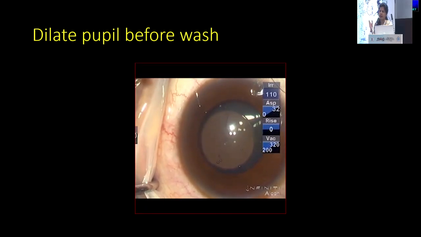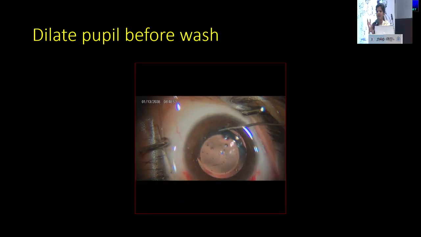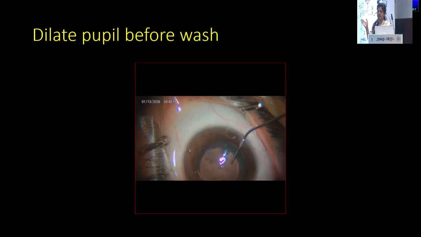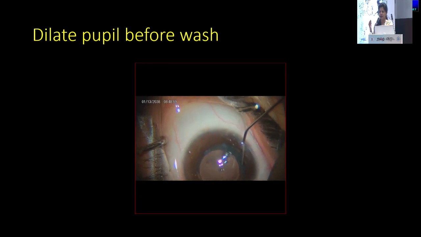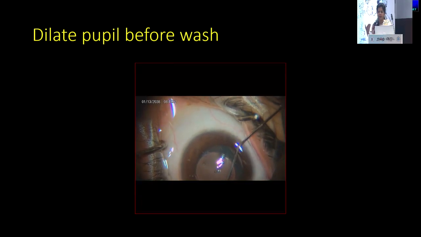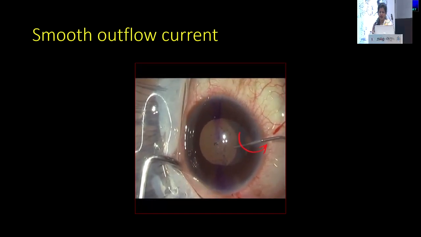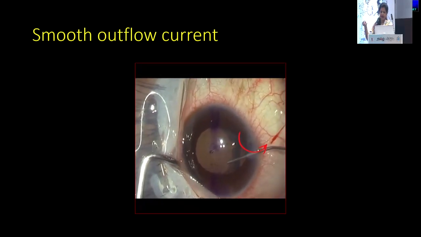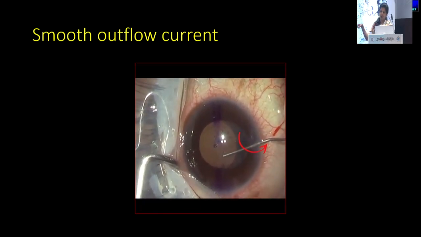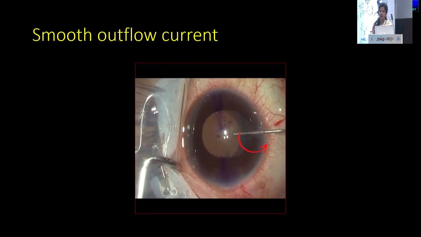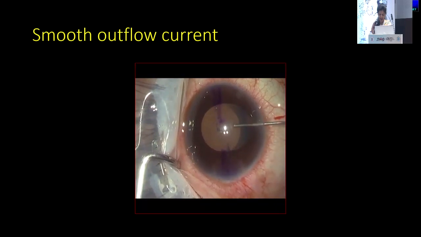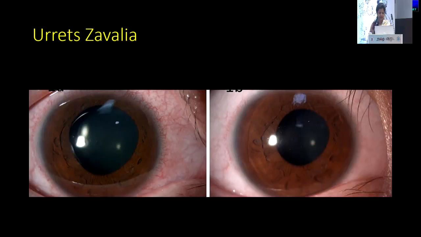Not only pre-operatively, but after placing the ICL also, you may need to dilate the pupil once more to make sure that the flow of fluid from beneath the ICL is smooth and a channel is created, so that there is no disturbance of the iris. You can see that kind of flow from beneath the ICL through the port, and pupil dilatation is important for that.